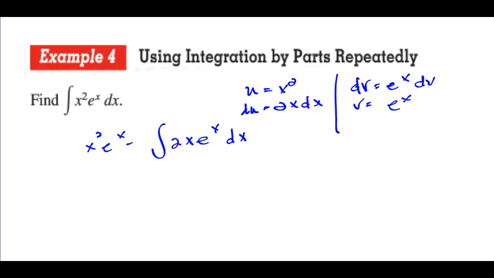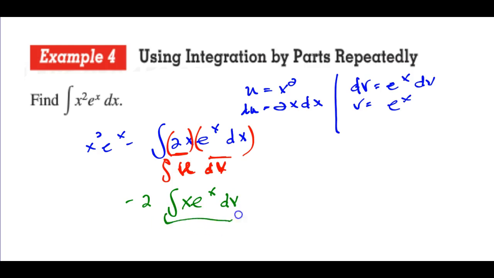So you can see I've got another product here, and I've got another integral of u dv, so I've got to split this up again into another chart. But I think if I pop out the 2, I've done something very similar to this already: x e to the x dx. If you look back, I think this is example number 1 that I've solved.